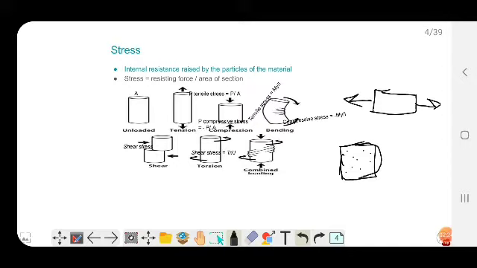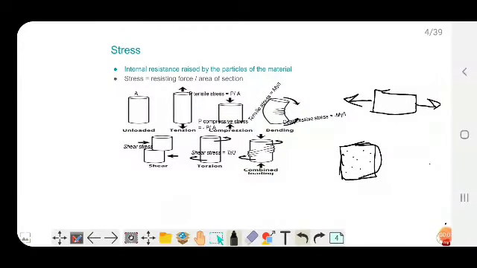So there should be some opposing force, that is, the net force acting on this body should be 0. This is compensated by the internal resistance provided by these tiny particles, and this is explained by the term stress.